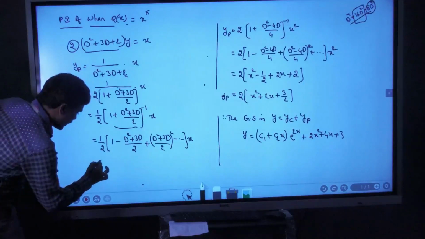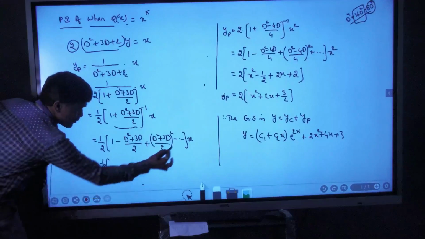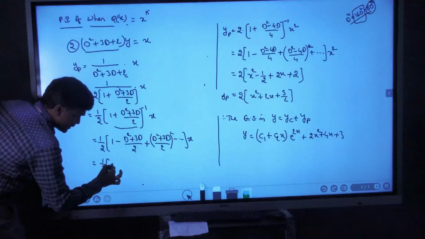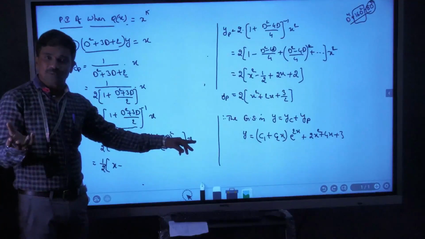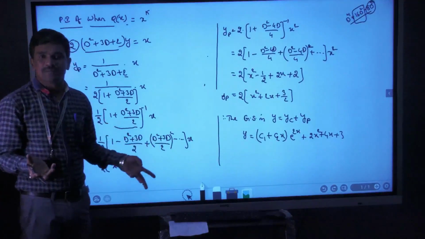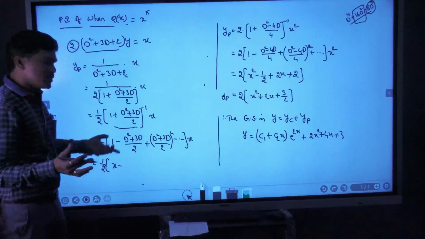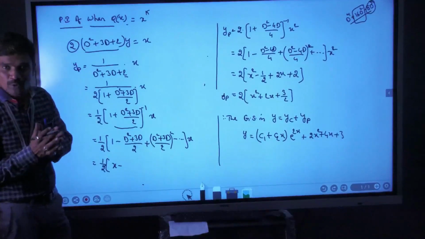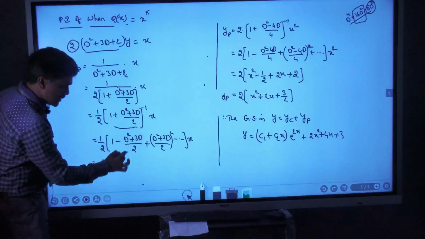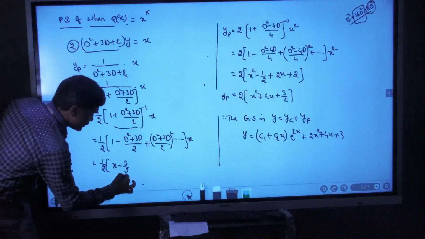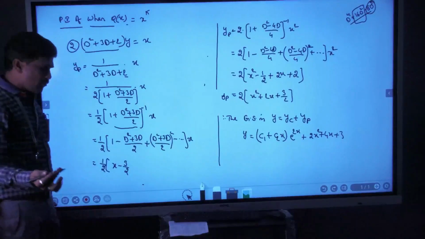Now 1 by 2 into, multiply with x, x into 1, here we get x. For d square of x, the first derivative is 1, the second derivative is clearly 0. So we write only up to d terms. Next minus 3 by 2d, so minus 3 by 2 into the derivative of x, which is 1.